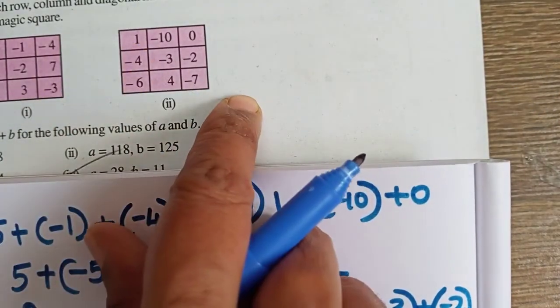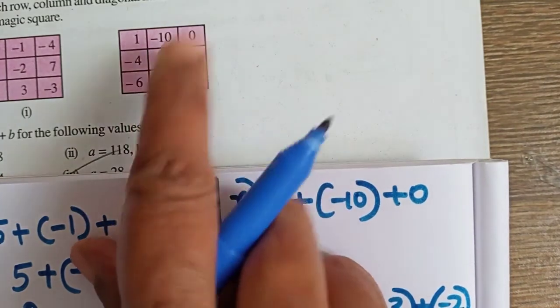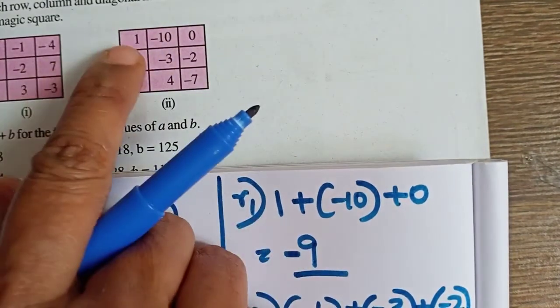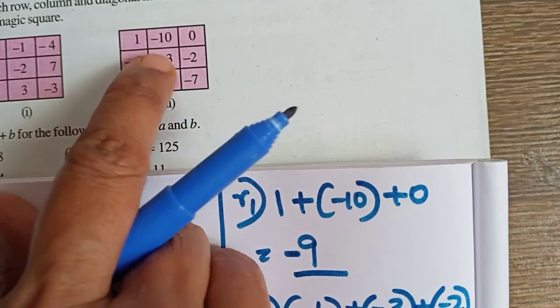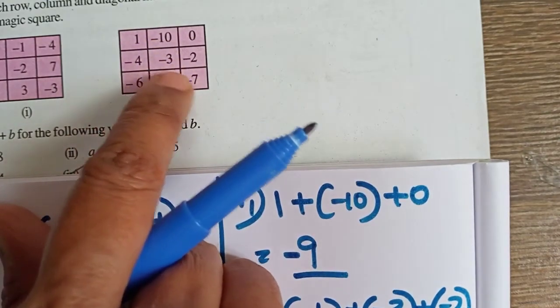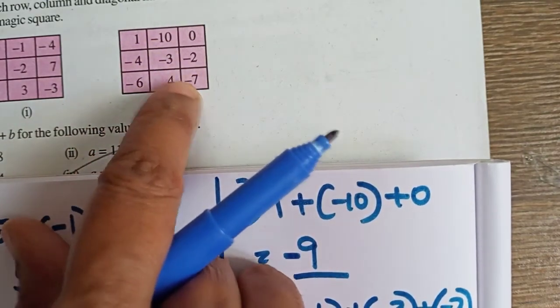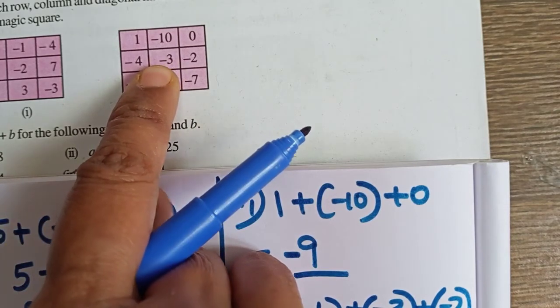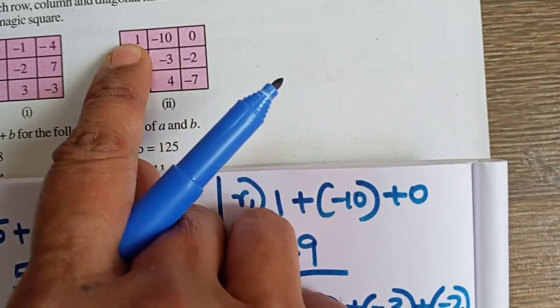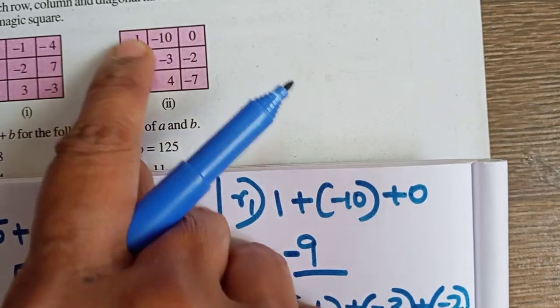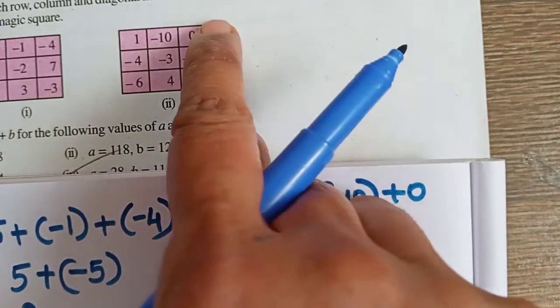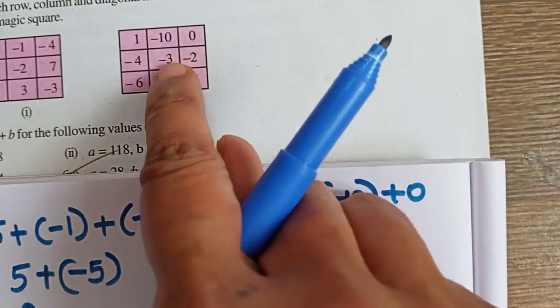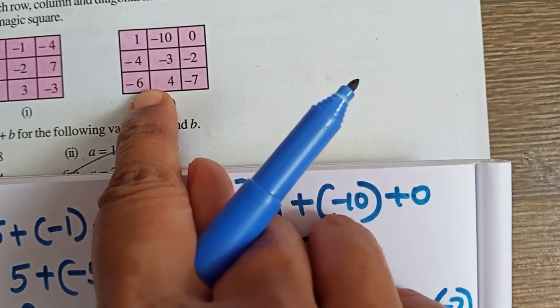Let us check the diagonals. If it is proper, this will become a magic square. Check the diagonal. 1 plus minus 3 plus minus 7. Minus 7 plus minus 3, minus 10 it will become. Minus 10 plus 1, minus 9. So this diagonal is giving minus 9. Let us see this diagonal. 0 plus minus 3 plus minus 6.